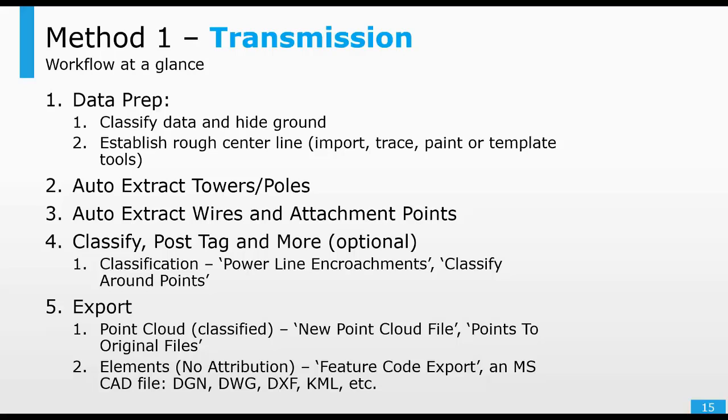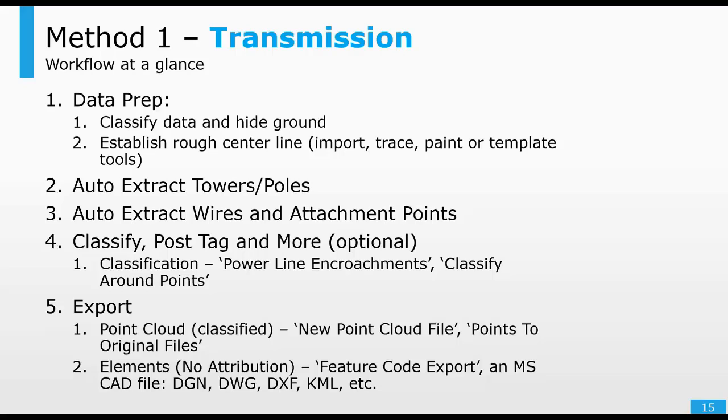From this, once you get your lines, then you can go into classification routines. You can classify off the wires, you can classify off the tower string. There's a couple of ways you can do encroachments. And then when it comes to exporting, most likely you'll be exporting the point cloud if you're carrying that classification forward.